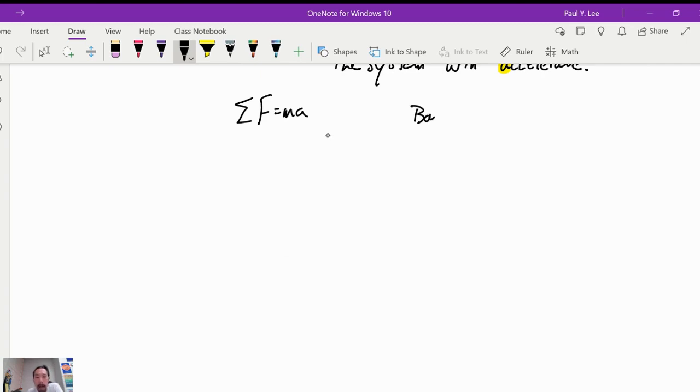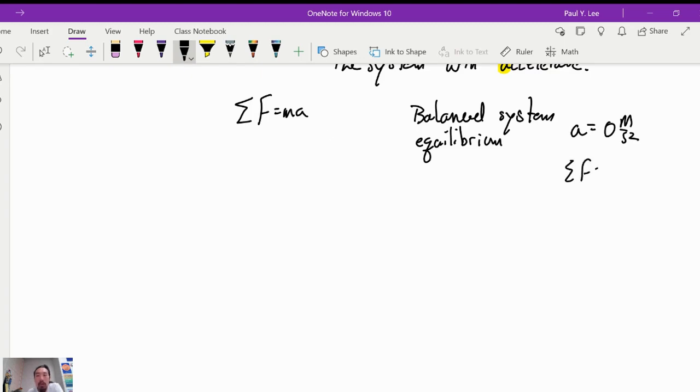If you have a balanced system, or sometimes you might see the word equilibrium, that means your acceleration is 0 meters per second squared, and that means your net force, all the forces when we added them up, had to equal 0 newtons. But if we are unbalanced, now the system will accelerate.